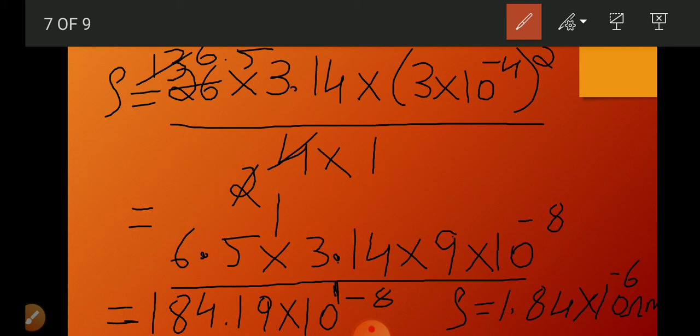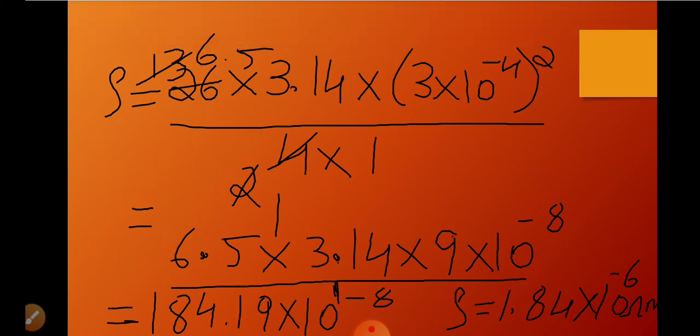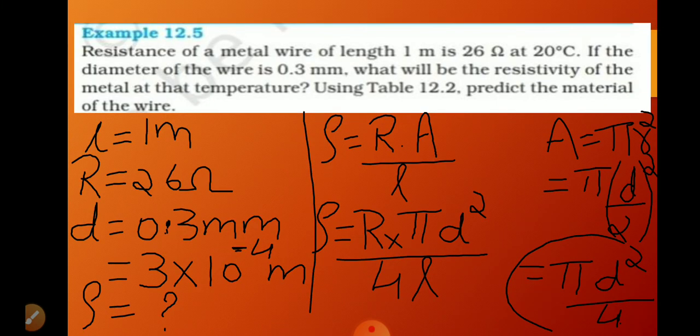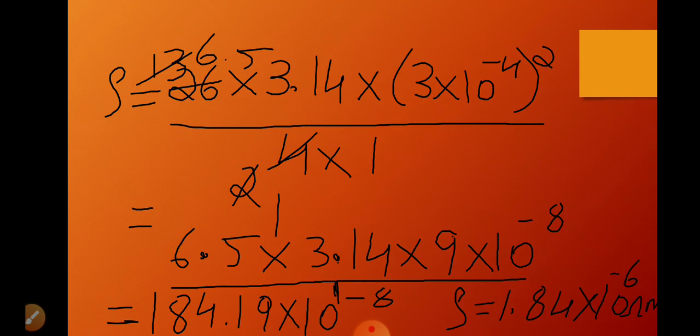Okay, that is the resistivity. So if you see this value in the table, table 12.2 in your textbook, you can see that the material of the wire is magnets. That is, the resistivity of the magnets is 1.84 into 10 raised to minus 6 ohm meter.